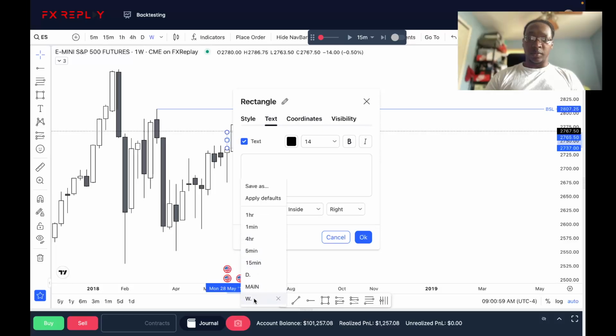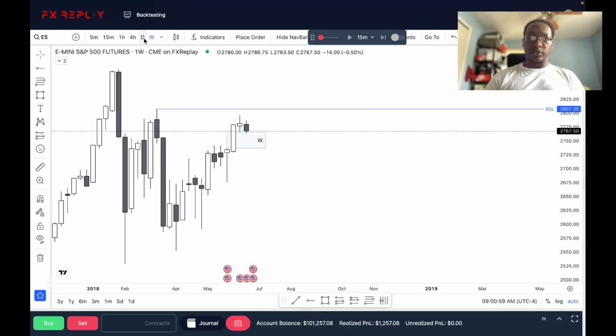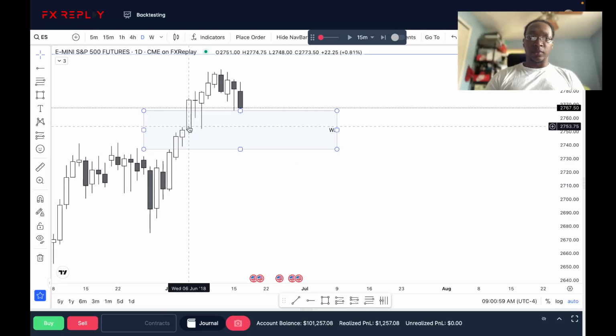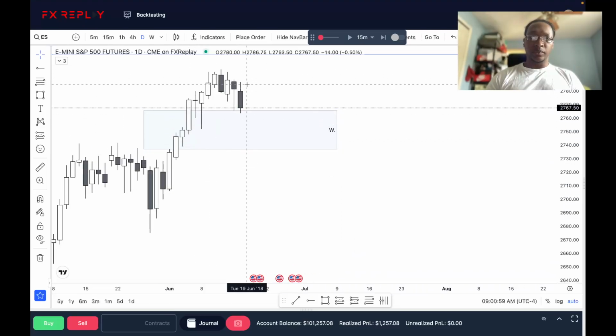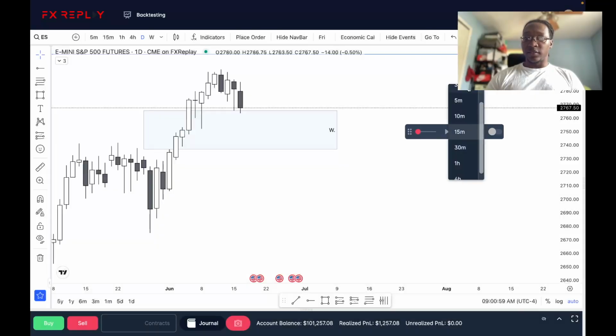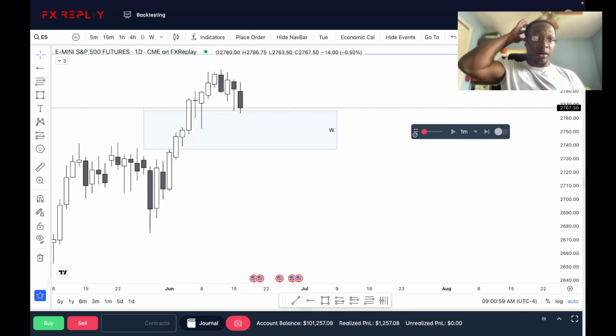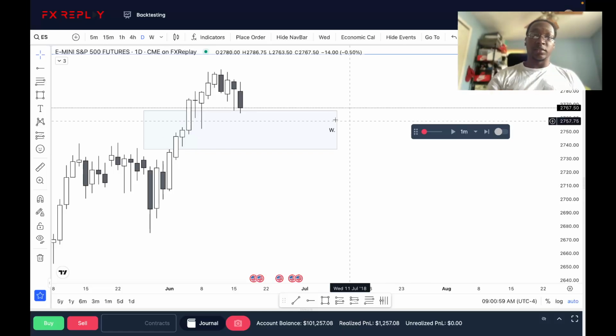So I'll put this as the weekly, and drop down into my daily chart. We have this fair value gap here that pushes price higher. So this is Monday. We skip Mondays due to the next day model, so this is Monday's action.